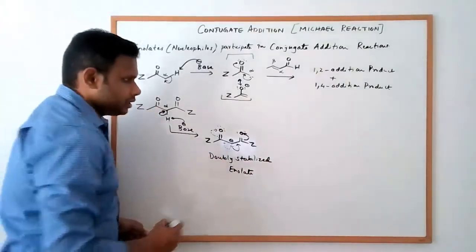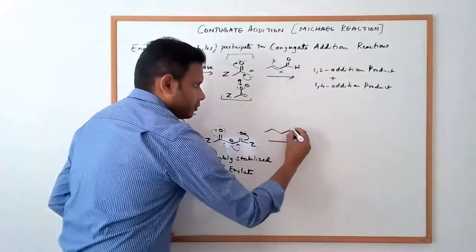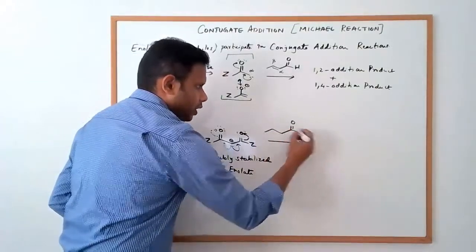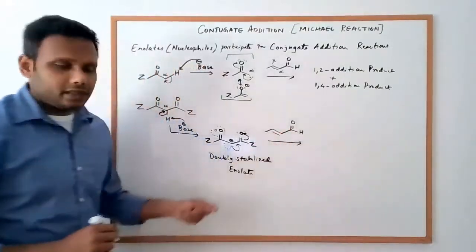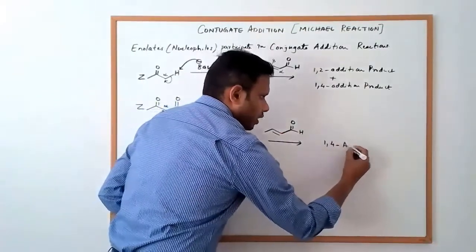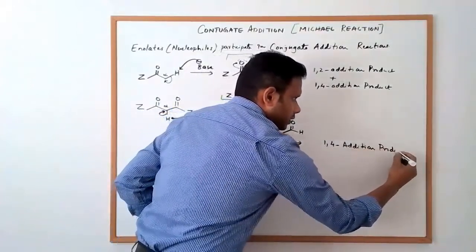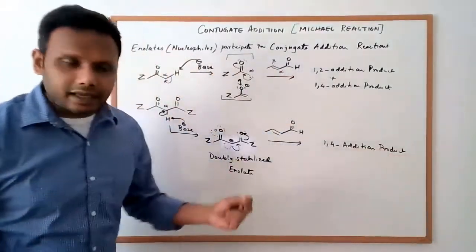And such enolates, when they react with alpha beta unsaturated compounds, they give selectively the 1,4 addition product. Okay, so we get selectivity here.